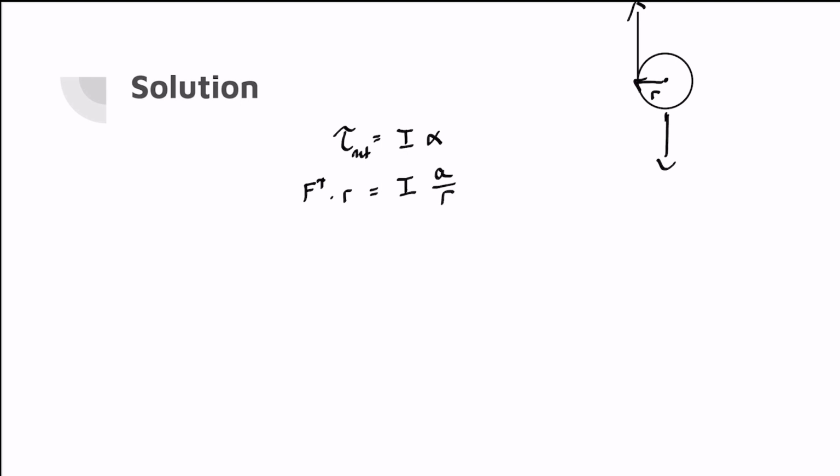Because we want to get rid of this r over here, we're going to convert this angular acceleration to translational acceleration, which the relationship between those is angular acceleration is equal to translational acceleration over r. We can rewrite this as F_T is equal to I a over r squared.